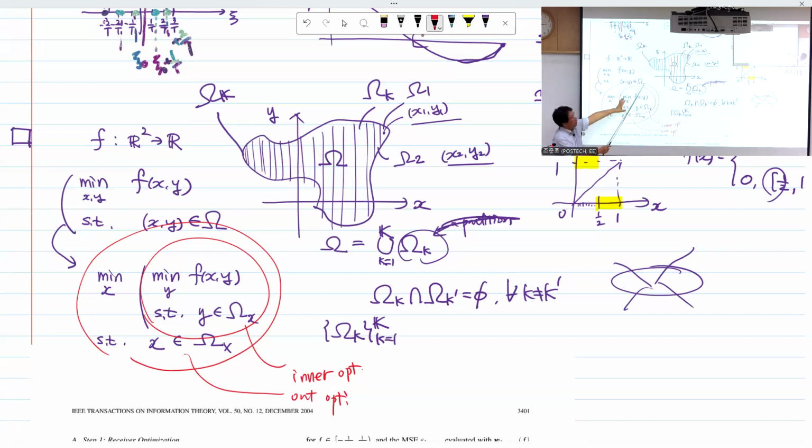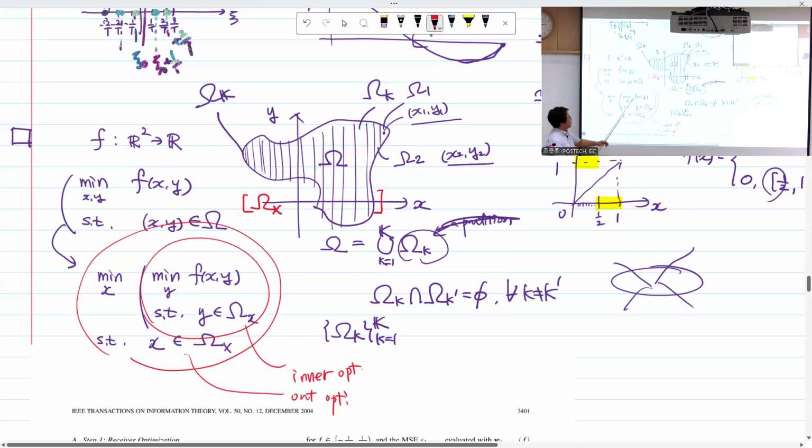And after you have found the optimal y's for each x, you do the outer minimization for every possible x in omega sub capital X. Means that probably from here to there. Ready? So in this problem, this set would be omega x. Ready? So for each x in omega sub capital X, you have a strip, right? And on each strip, you minimize that one, and done.